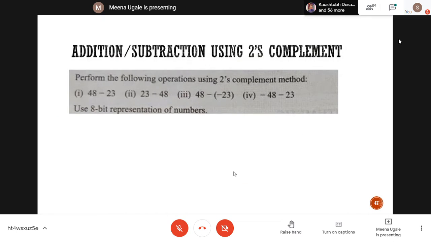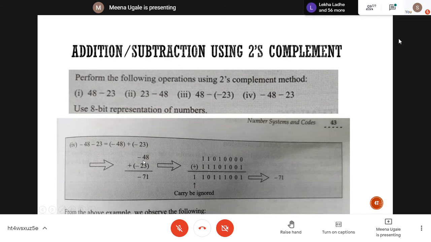And then the last case is minus 48 minus 23. Now what will you do for minus 48 minus 23? Take the representation of minus 48 in 2's complement, the representation of minus 23 in 2's complement, add it up, you will get some answer here.